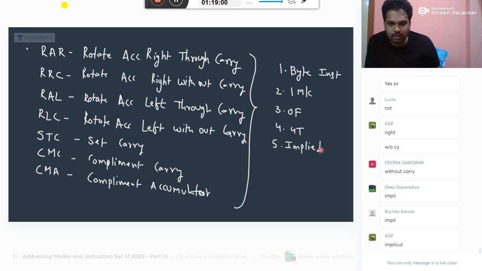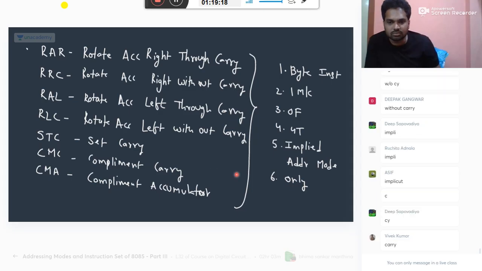For this, all flags affected, but for the remaining only the carry flag is affected.